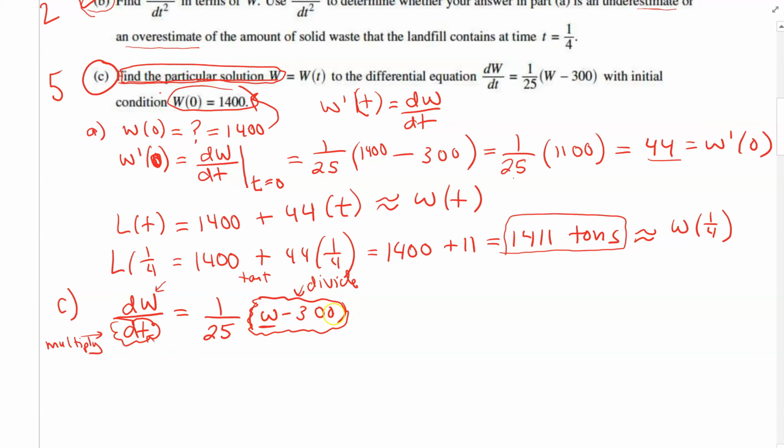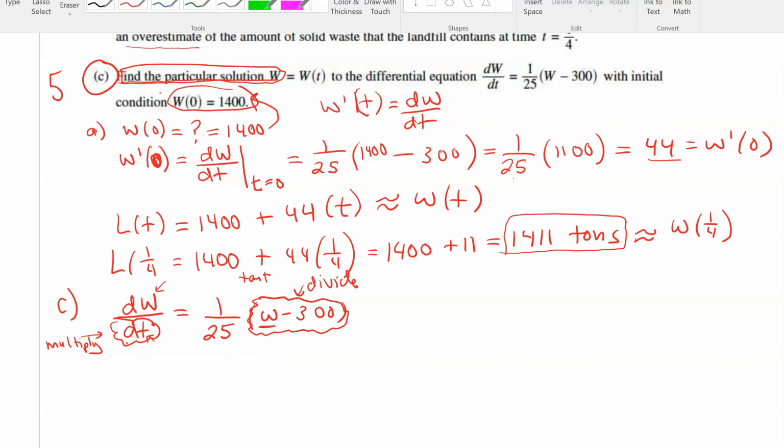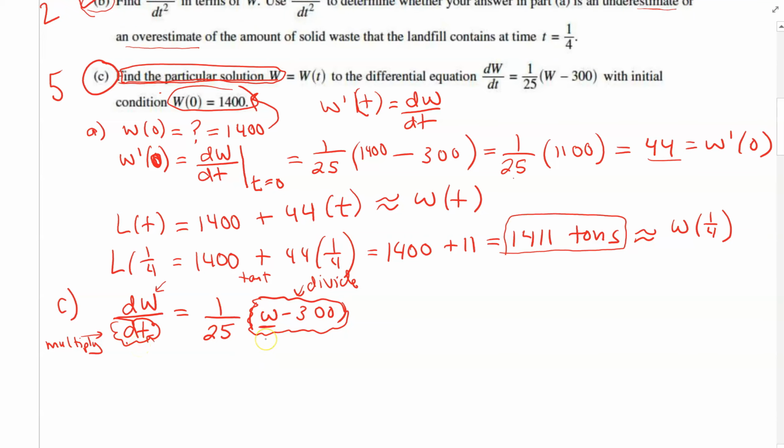Meanwhile, w minus 300 is technically in the numerator, and so I need to divide it to move it to the other side. Now, one thing I'll say about the constant is if you ever have a situation like this, it makes more sense to keep the constant on the side where dt will be, because that way you won't have to use a u substitution or something on the other side.